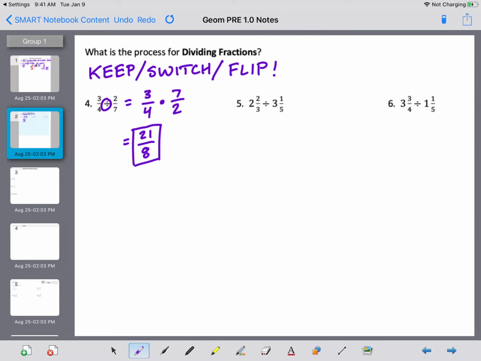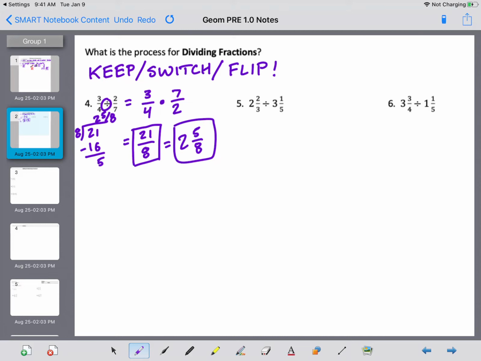If you would like to turn it into a mixed number, you would take 21 and divide it by 8. 8 goes into 21 twice. 2 times 8 is 16, and then 21 minus 16 is 5. So 2 and 5/8 would be the other way you could write this answer. Both of those are exactly the same though.